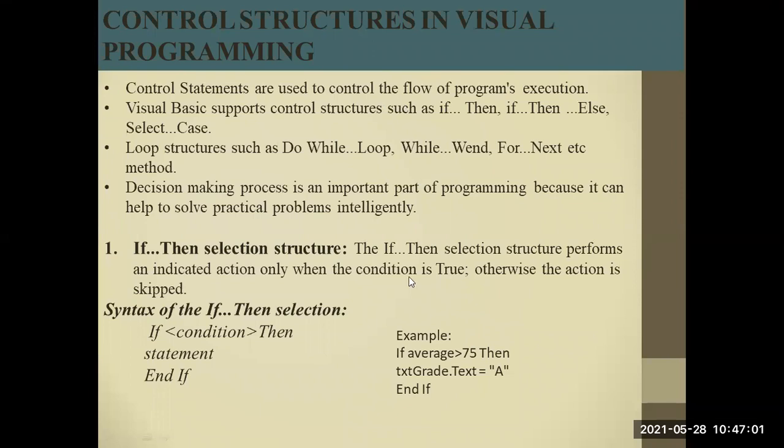So, the basic definition: what do you mean by a control statement? Control statements are used to control the flow of program execution. We will see how the program is executed, and how, during execution, control is shifted from one instruction to another. These control structures are used to solve a particular problem with some intelligence.